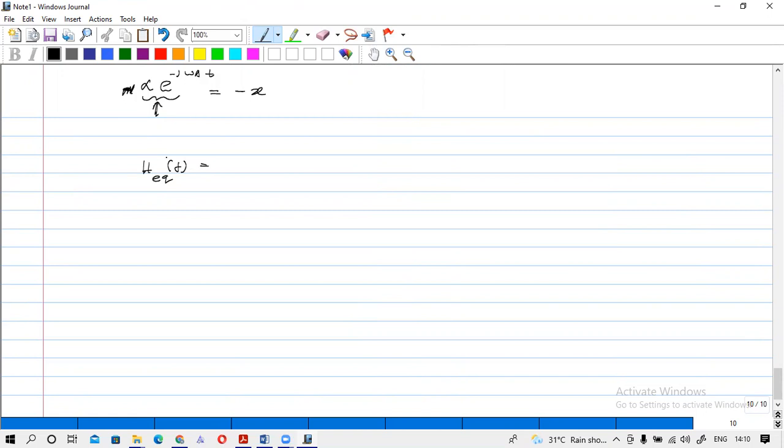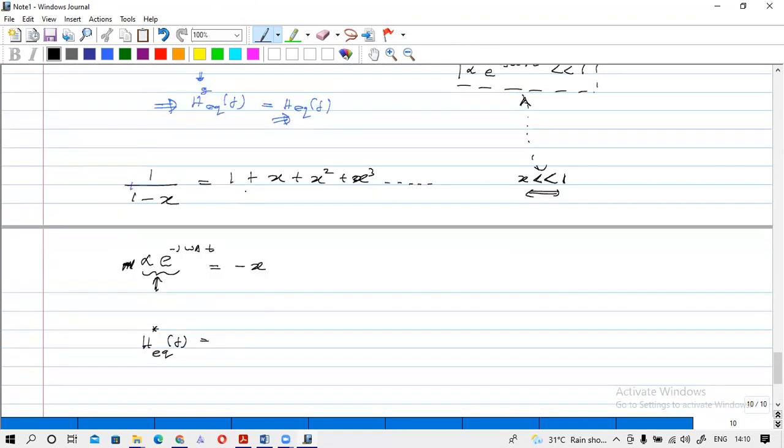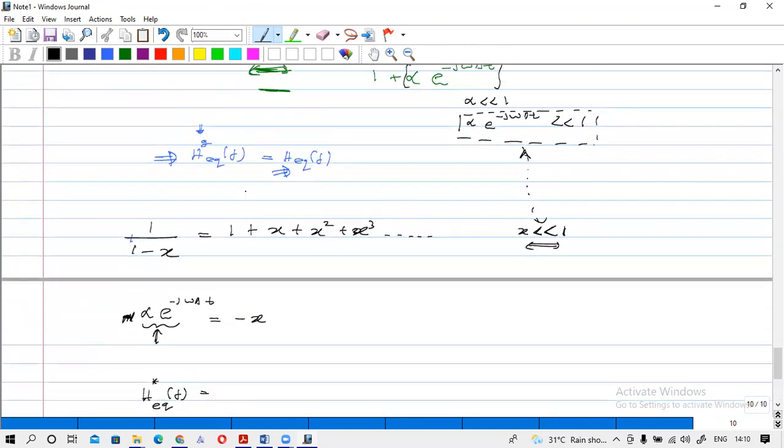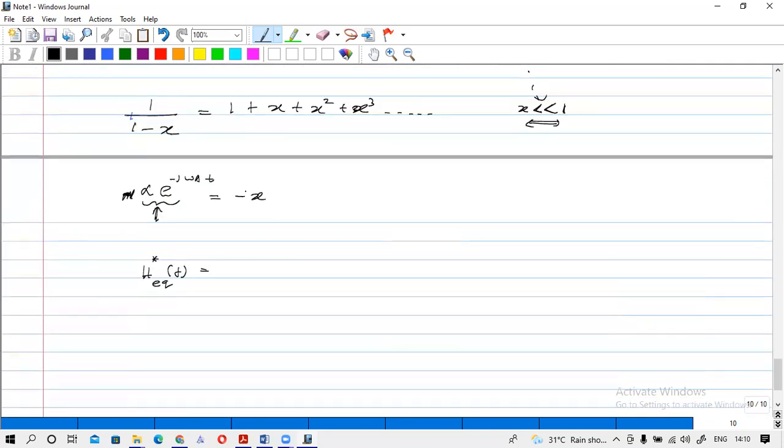So this is for distortionless transmission. Okay, I will put the mark here. For distortionless transmission, the equalizer transfer function is k times 1 by 1 plus alpha e to the power minus j omega delta t. So I have put minus x instead of this alpha e to the power minus j omega delta t.